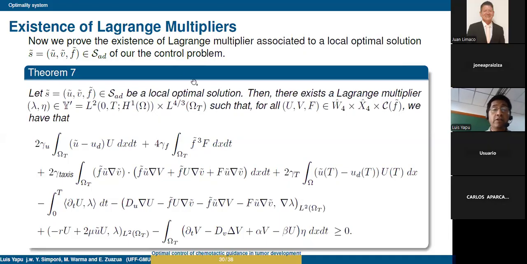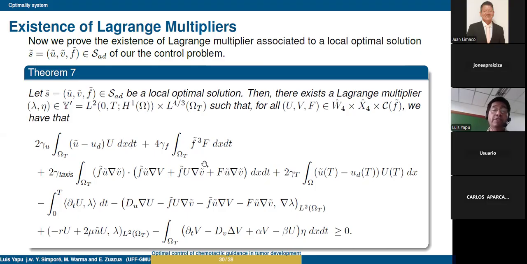And there is a general theorem. To apply the theorem on the existence of the Lagrange multiplier, we need the point to be regular in some sense, which means that it should be a solution of the partial differential equations. At the end, we show that, by a general result on Lagrange multipliers with regular points, there exists a Lagrange multiplier which verifies this condition, which is really the translation of J prime and G prime.